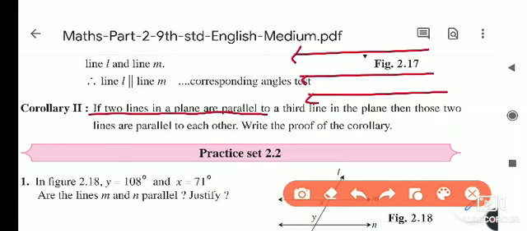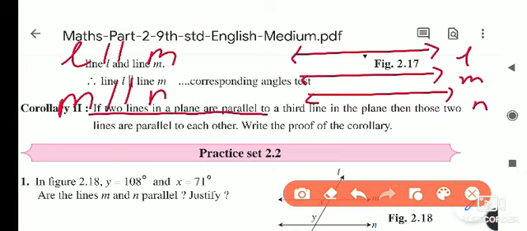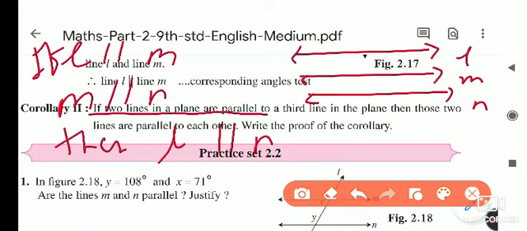So here there are three lines, line L, M and N. L is parallel to N and M is also parallel to N. Then we have to show that all three lines are parallel to each other. If line L is parallel to M, and if line M is parallel to N, then line L is parallel to line N, that we have to prove.